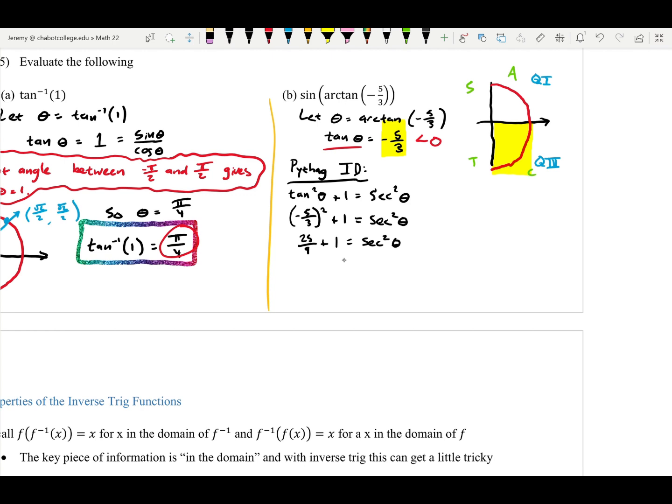Then, adding these together, I could express that 1 as 9 over 9. Add those together and I get 34 over 9 is equal to secant squared theta. And this is where I take the square root of both sides. Remember, I'm trying to find sine of theta.